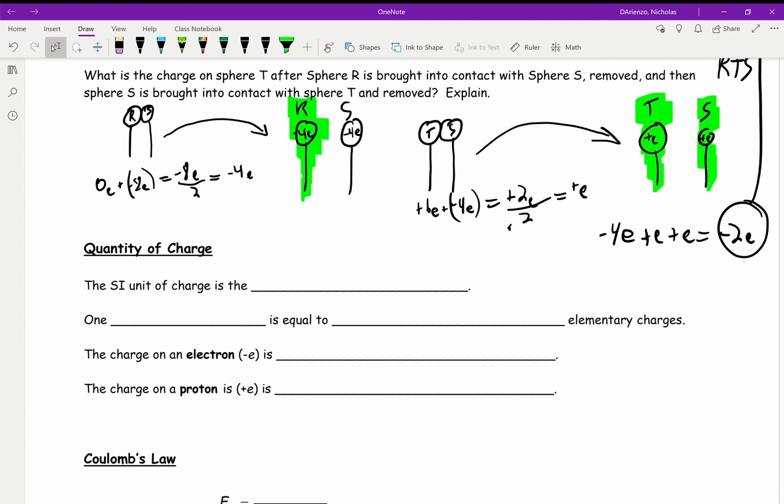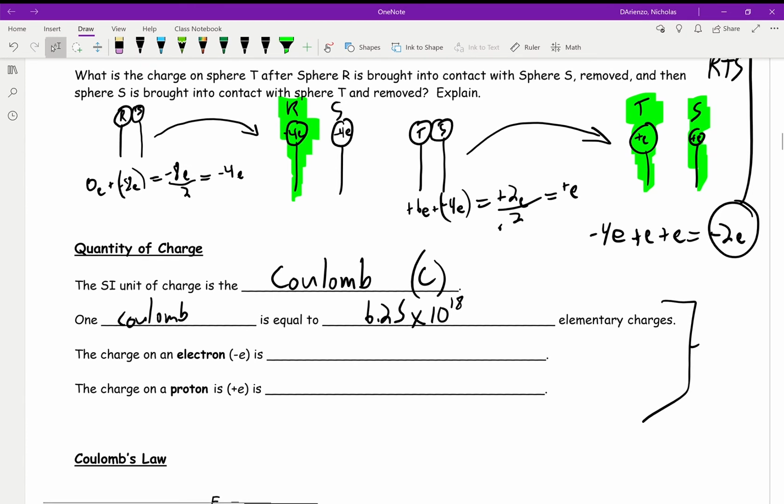We're going to talk next about the quantity of charge. And the SI unit for charge is the coulomb. I come across a lot of different new vocabulary. This is represented with a capital C. And 1 coulomb is equal to, not quite Avogadro's number, but close, 6.25 times 10 to the 18th power elementary charges.